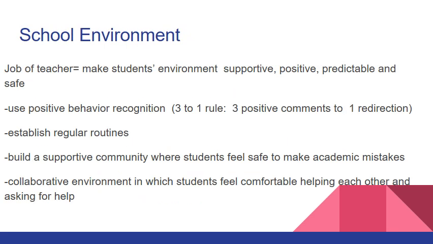The job of the teacher is to ensure that regardless of what kind of social environment the student has outside of school, inside the school and inside that teacher's classroom, the student has a positive, supportive, predictable, and safe learning environment in which they can grow.